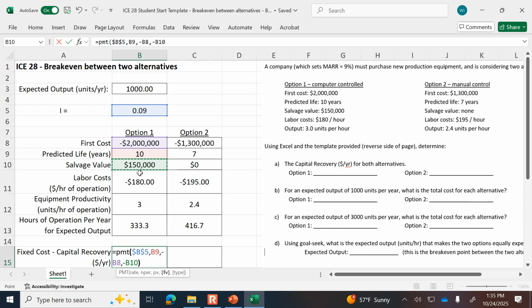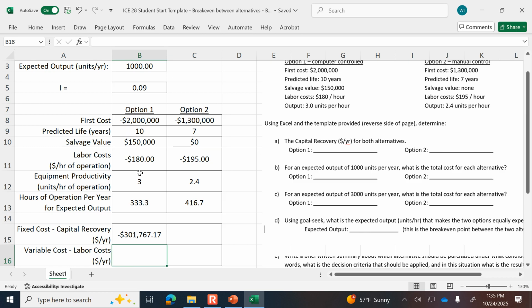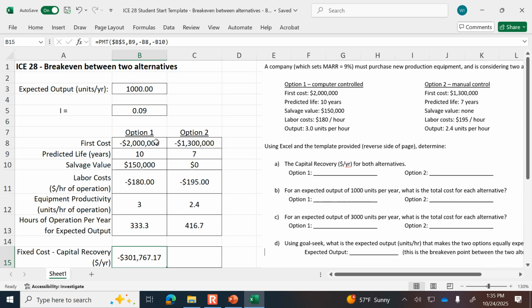And so what that's going to tell us is how much we have to pay per year to own that equipment. Okay, so instead of paying $2 million up front and then getting back $150,000 in 10 years, that's economically equivalent to paying $301,000 every year.